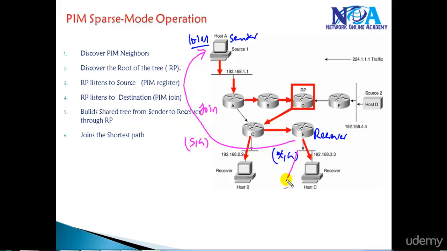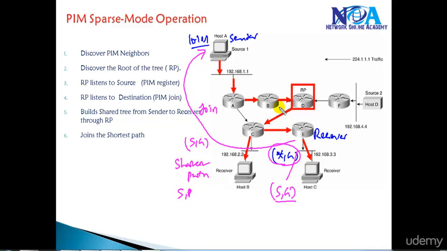Now the routers will know about the actual source. Initially they are going via the RP based on the star comma G entries. Now they are going to build a shortest path from source to receiver directly, ignoring the RP.